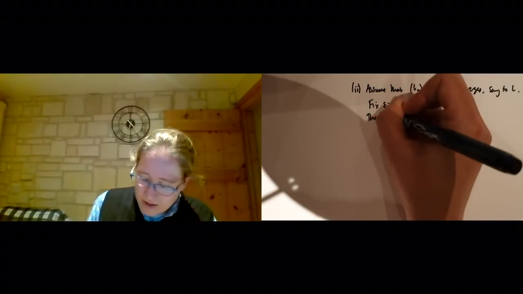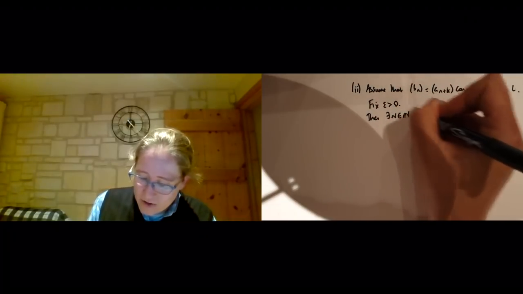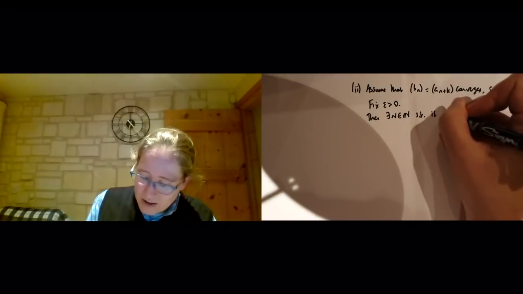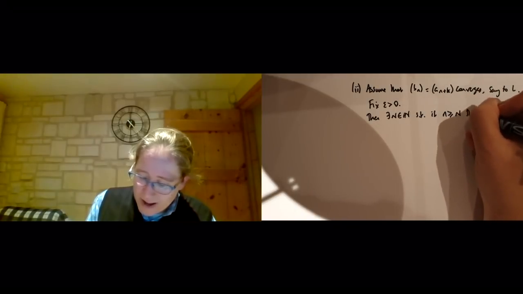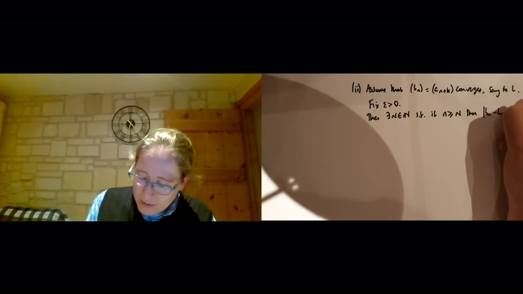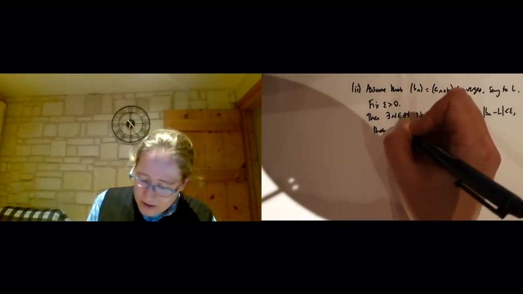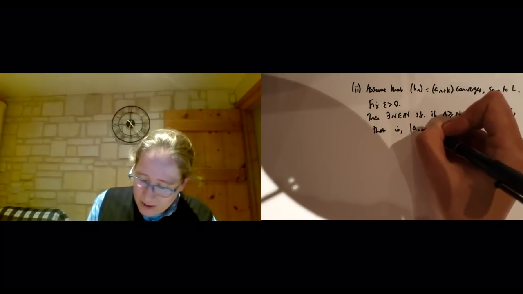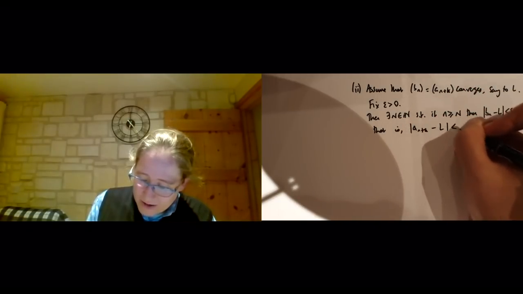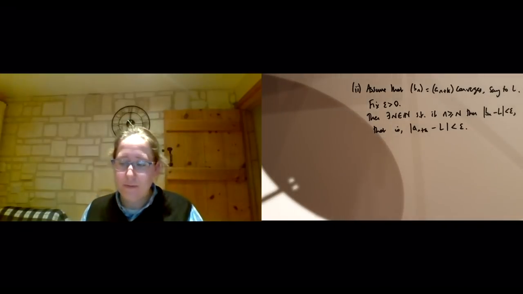Then there exists a capital N in the natural numbers such that if n is greater than or equal to capital N, then the modulus of b_n minus L is less than epsilon. That is, the modulus of a_{n+k} minus L is less than epsilon.